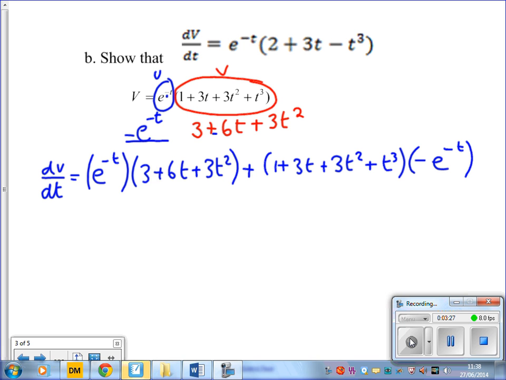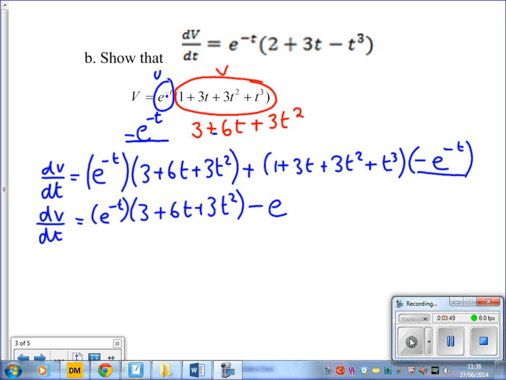So I'm just going to rearrange that. I'm going to leave this first part the same, and then with this second one, I'm going to bring this term to the front. So I'm going to have minus e to the minus t times 1 plus 3t plus 3t squared plus t cubed, just copied from above.